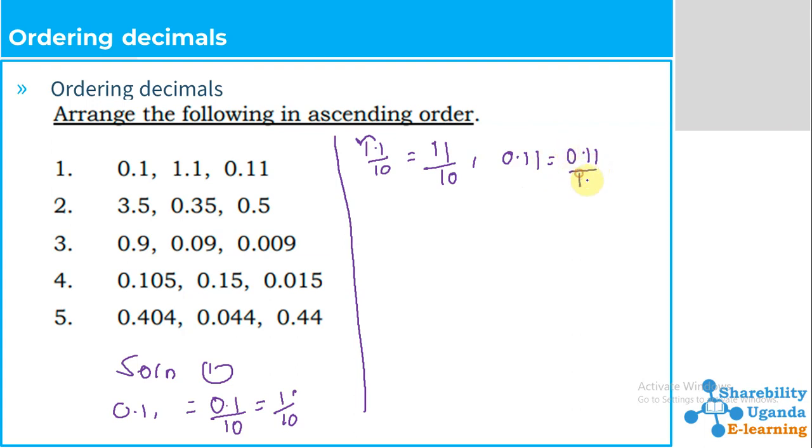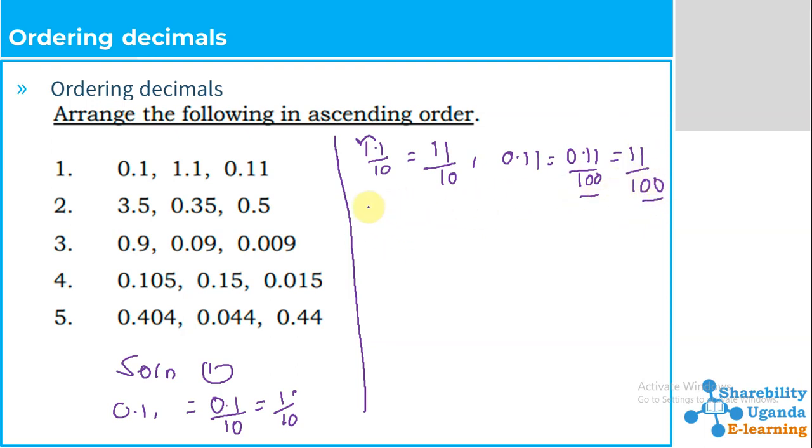So 0.11 is going to be equal to 11 out of 100. After we have got these denominators, we have denominator 100 and we have 10.